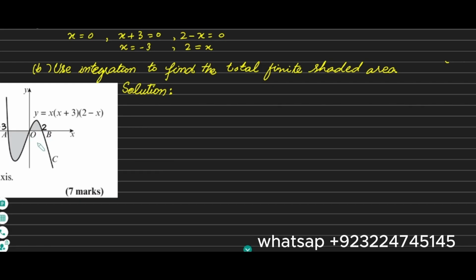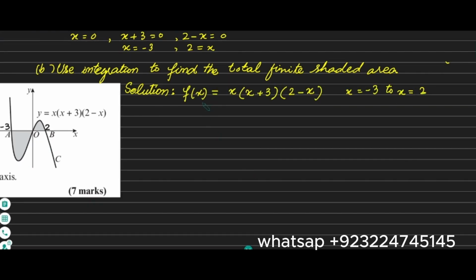So we find the shaded area. Now we are given the function f of x equal to x into x plus 3 into 2 minus x, as we can see in the figure. Now we will integrate it from x equal to minus 3 to x equal to 2, as we can see from A to B, minus 3 to 2.